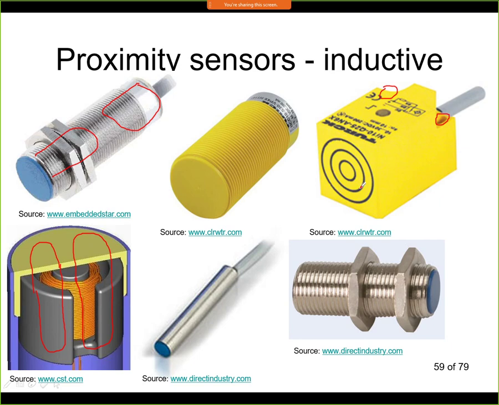Now typically all proximity sensors have an LED on them, so that we can see directly on the sensor if we see the object or not. So this is the example here. This is the LED that will either be on or off if we see the object.